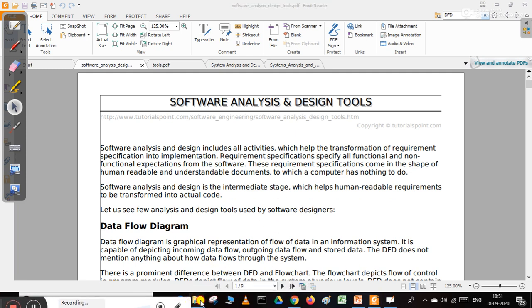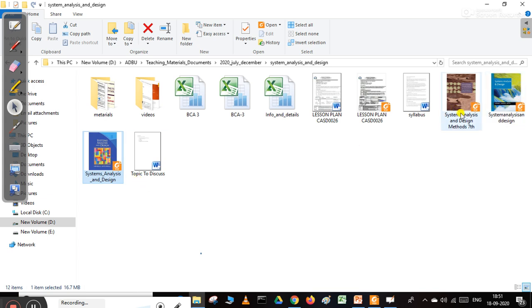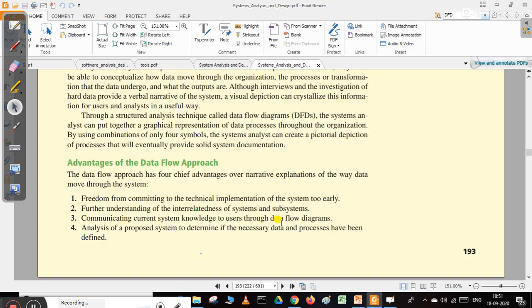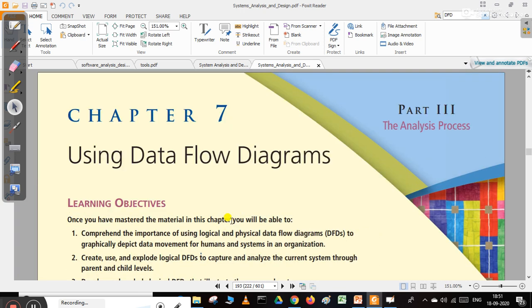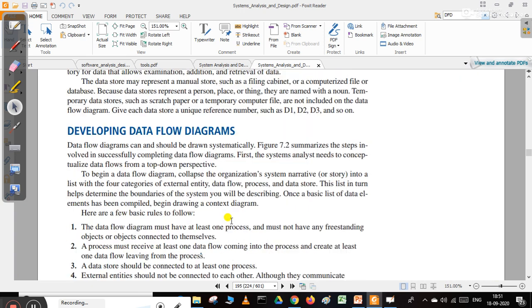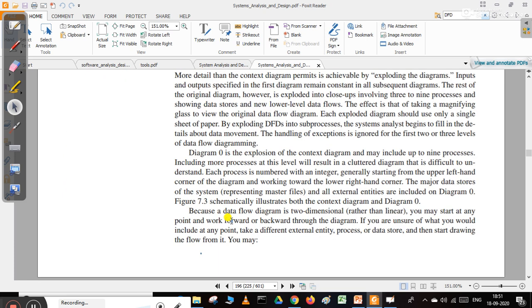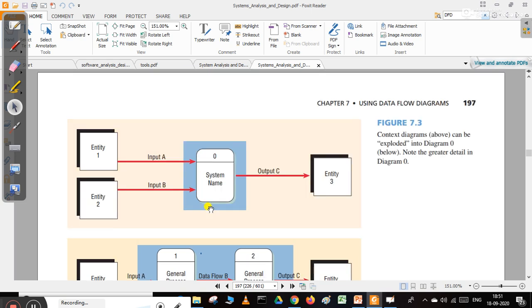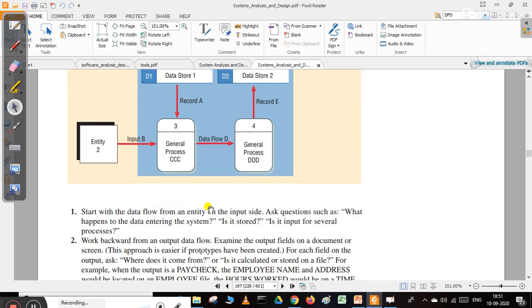So these are different types of techniques, and there might also exist various other techniques in the literature. You can find them, and please try to follow the book also. You can find it in this book I have shown you. You can find it in other books also. I showed this diagram here, so you can find the description of the data flow diagram.